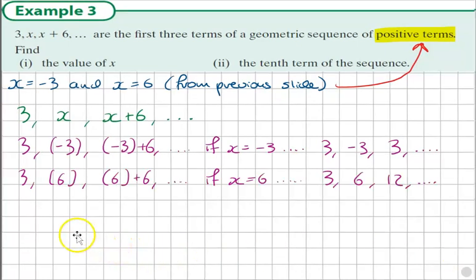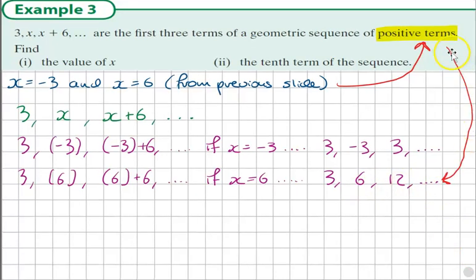And if we were to use 6 instead, we would have 3, comma 6, comma 6 plus 6. So that's if x is equal to 6, which would give us 3, 6, 12, because 6 plus 6 makes 12. So again, our question tells us that the sequence has positive terms. So these must be the first 3 terms of our sequence.